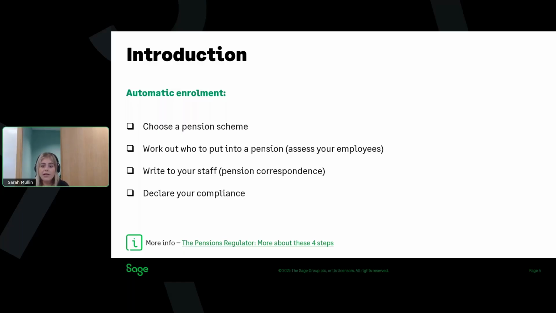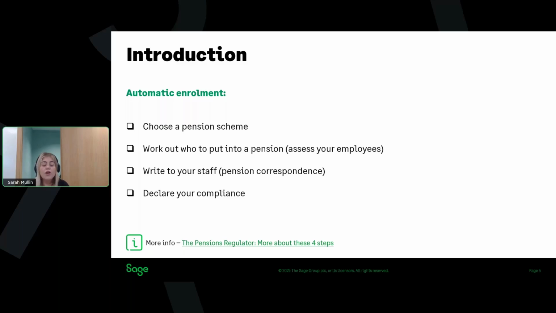So if you're starting a brand new payroll, your duties will begin on the first day that you hire your first employee. And here's what those initial duties include. Choosing a qualifying pension scheme that meets the minimum criteria that the Pensions Regulator has set.